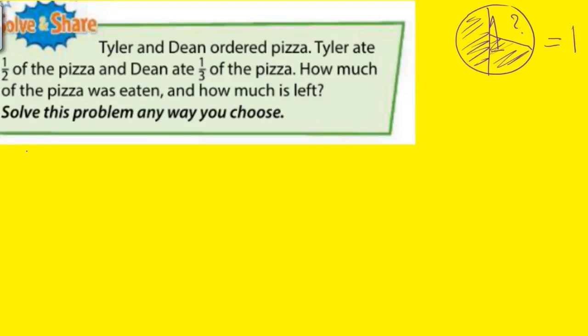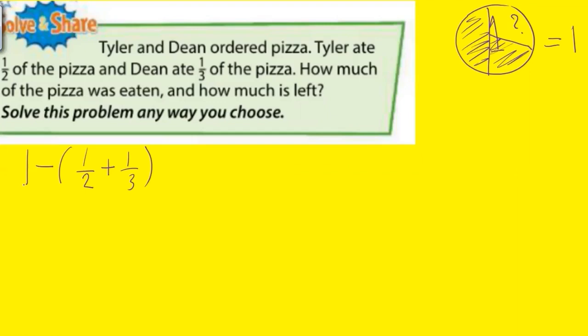So I will write 1 minus. It means 1 subtracted what? The total amount that Tyler ate, which equals half, plus the total amount that Diane ate, which equals the third. When I have half plus third, their summation will be subtracted from 1.